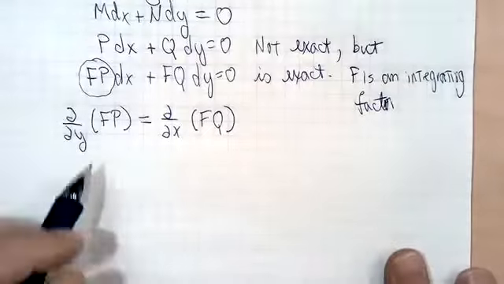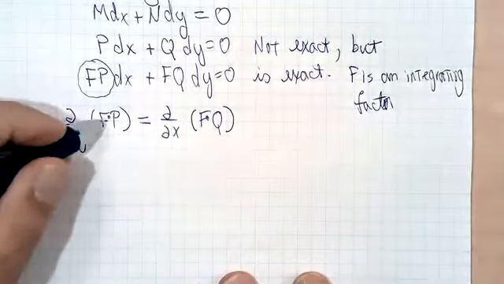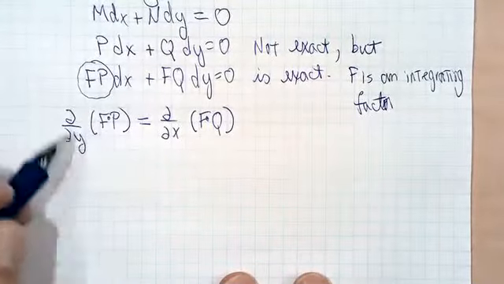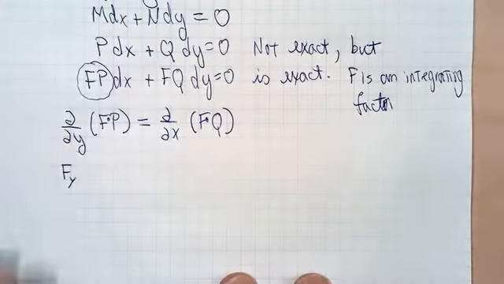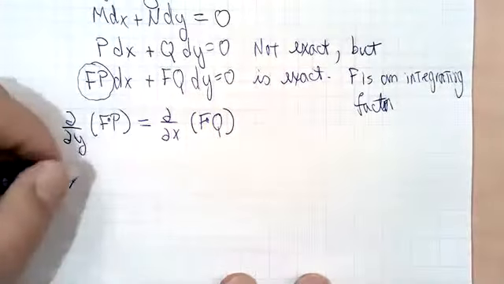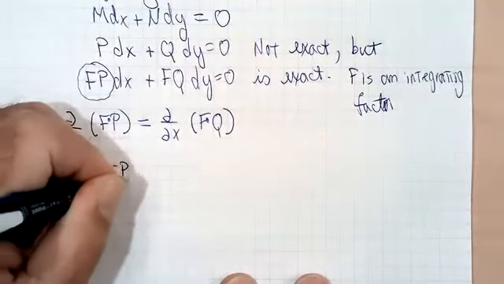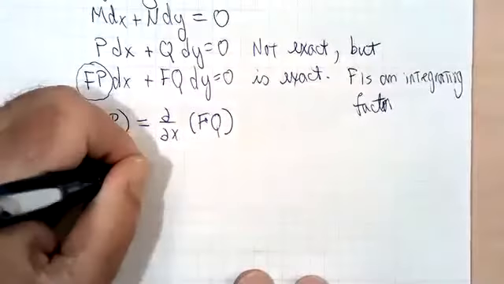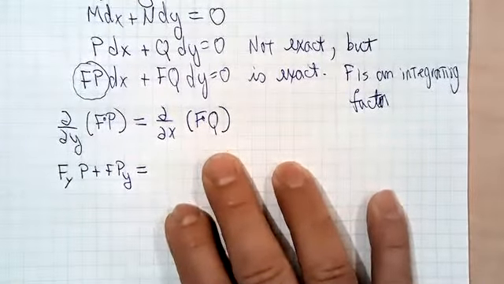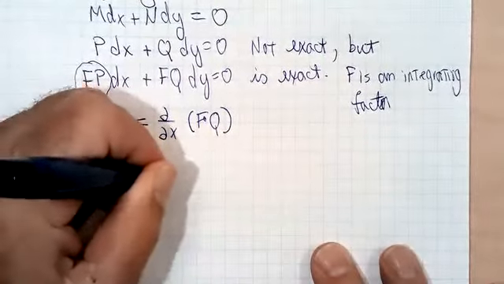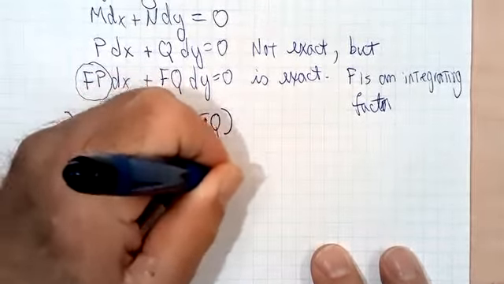Well, I guess since these are products, we better use the product rule. So taking the partial of this product with respect to y, I'm going to use the shorter notation: f sub y times P plus f times P sub y equals, same notation over here, take the partial derivative with respect to x, f_x Q plus f Q_x.